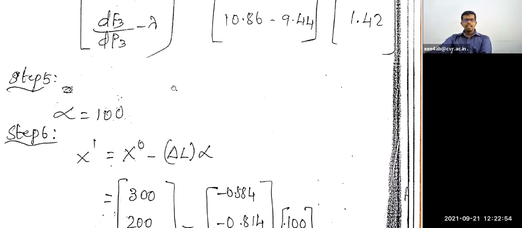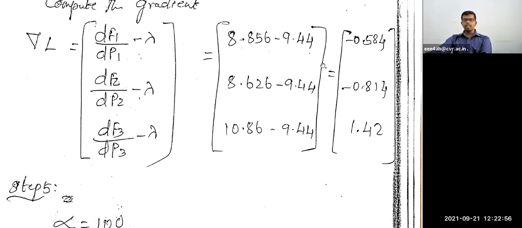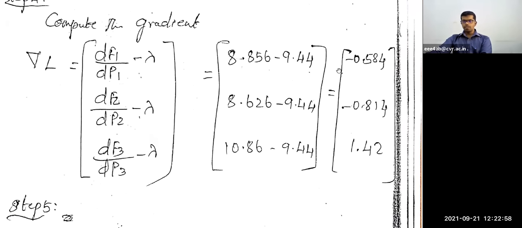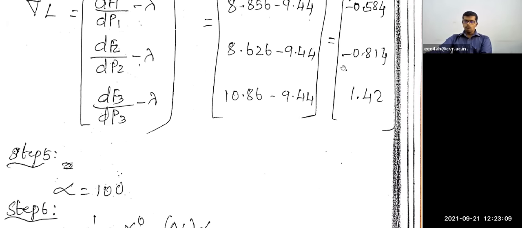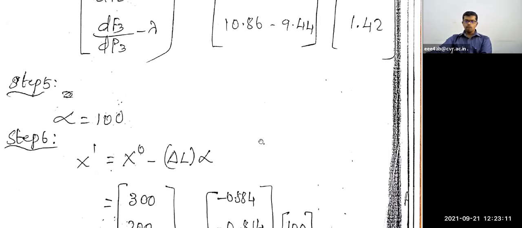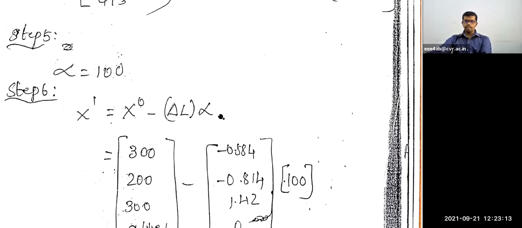Next, del L. Del L value we have already calculated. Gradient of L. What is the gradient of L? Here, this matrix we already calculated, that is minus 0.584, minus 0.814, 1.42. Like that, the values we already calculated. The same values we are substituting over here. And the alpha value also you are taking. The alpha value I have considered here is 100.